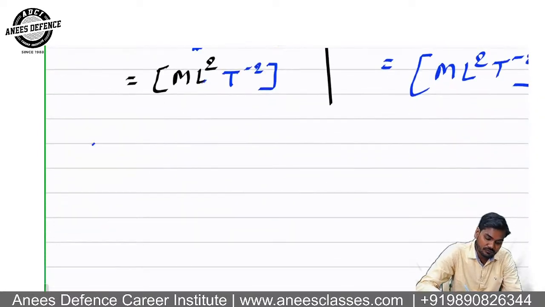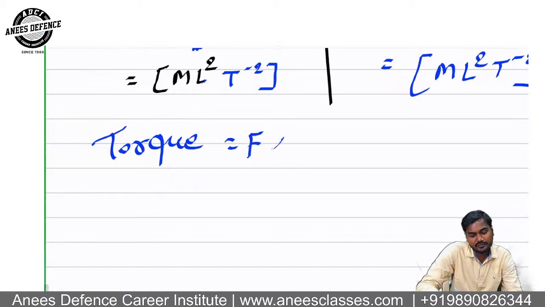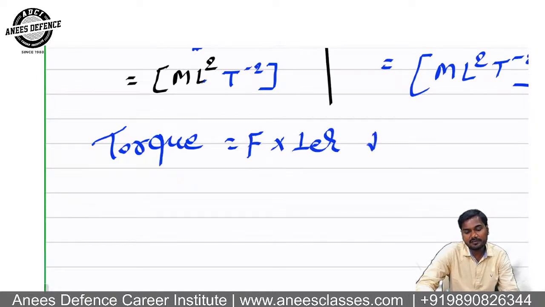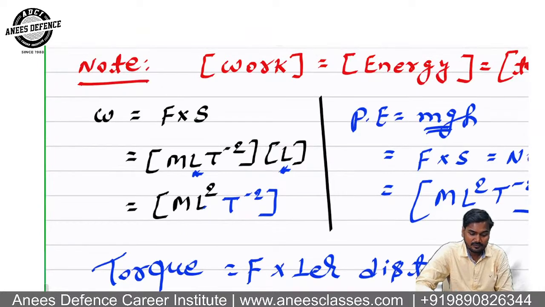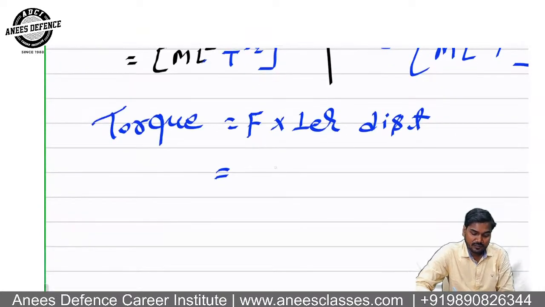Next one, torque. Torque is force into perpendicular distance, force into meter. So again the dimension is M L2 T minus 2.